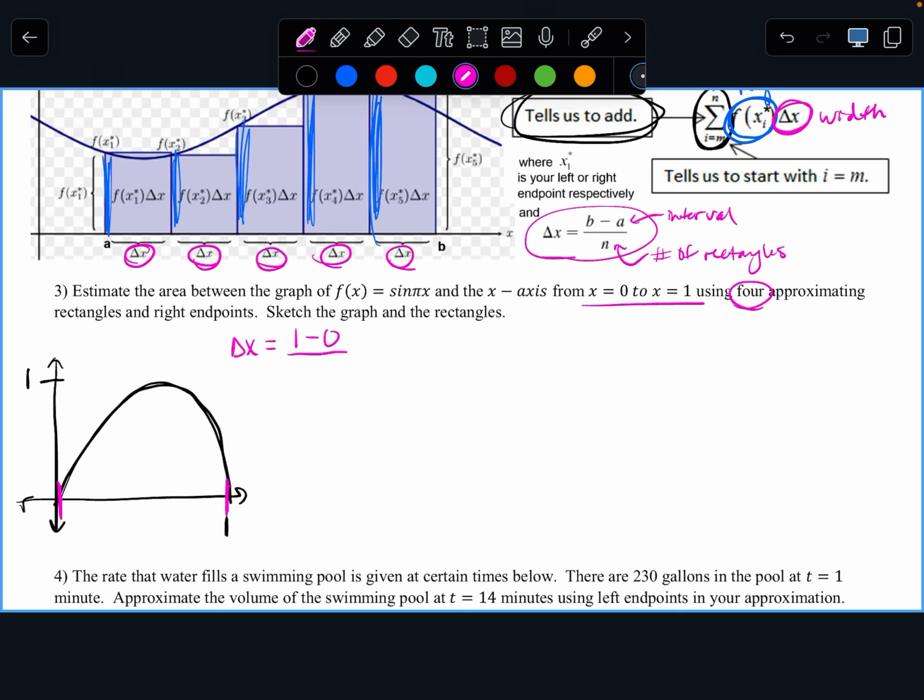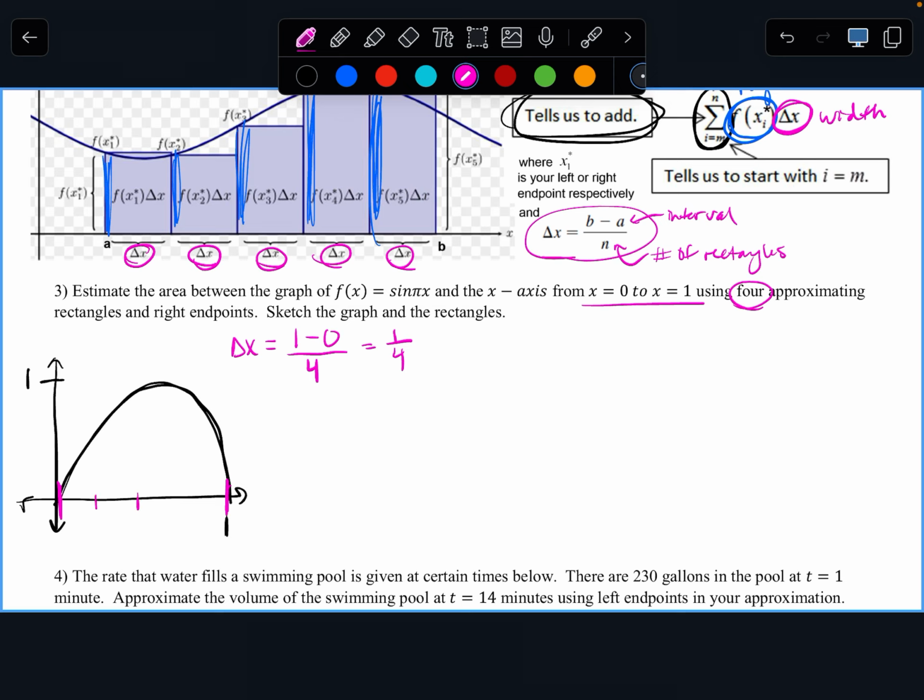So 0 to 1, I wonder how long that is. You could probably do that in your head, but technically you just subtract them. And we want to do 4 rectangles. So the width of each rectangle is a quarter, a fourth. You go 0 to 1, you break it up into 4 pieces.